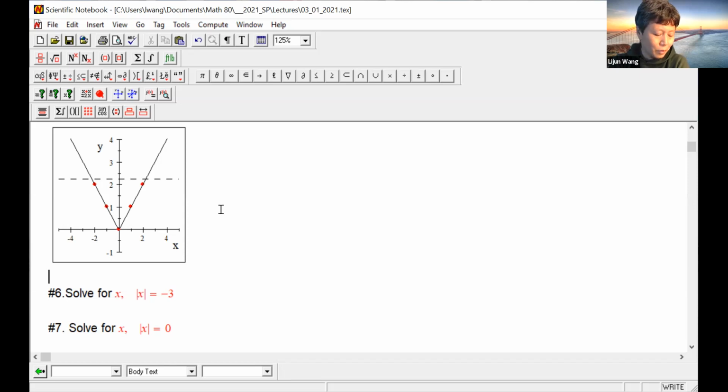Okay, what have we discovered? What is the solution for number 6? What is the solution for number 7?